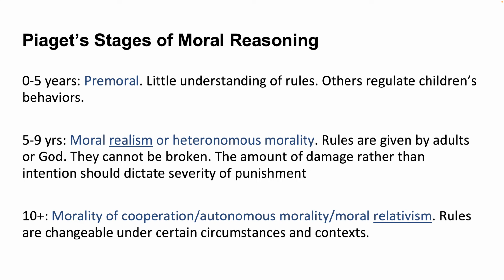So to people at this level of moral reasoning, if somebody knocks over a vase, it doesn't matter whether they meant to, whether they were doing it without self-control, or they did it because the dog bumped into them and they did it accidentally. The damage determines the punishment. It's a bit higher level than just other people regulating children's behaviors, but it's still very rule bound.